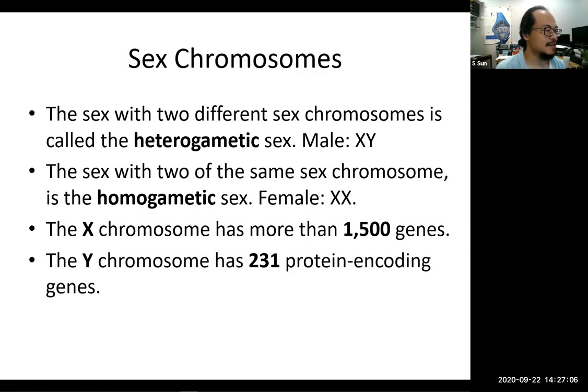But the fact is that Y is much shorter, and there is some evidence showing that Y is actually gradually getting shorter over time. So there are several mysteries in the Y chromosome.